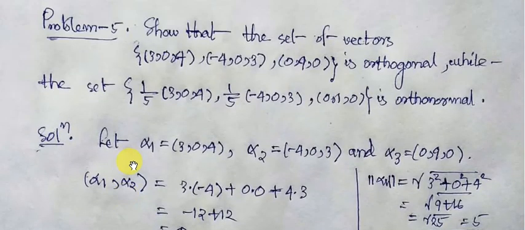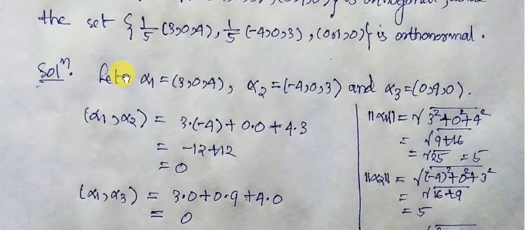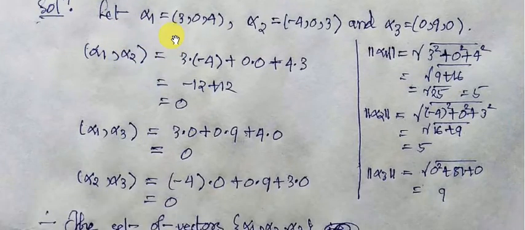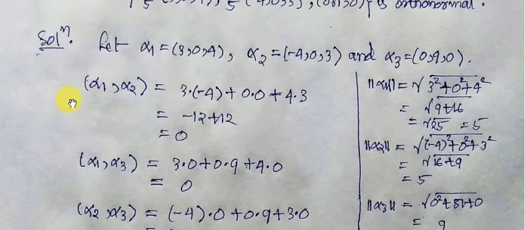And the second set of vectors 1 by 5 (3, 0, 4), 1 by 5 (minus 4, 0, 3), and (0, 1, 0) is an orthonormal set of vectors. To check this orthonormal, similarly, we have to calculate these three portions. For distinct members, that means the inner product whose two components are distinct, the value of that inner product would be equal to 0. We have to show this as we have shown in the orthogonal case.